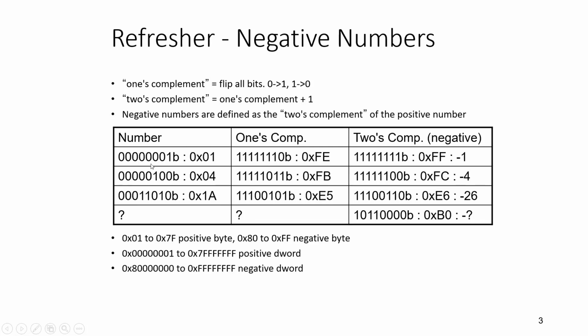As you can see in that example, take the first number, 7 zeros and 1 in binary, which is 1, and for the one's complement, you flip all the zeros to ones and ones to zeros, and you get this value. As you can see, this value is FE. Take the first 4 bits, which is 1111. In hexadecimal it is F, and the next 4 bits 1110, which is E in hexadecimal, which is 14.